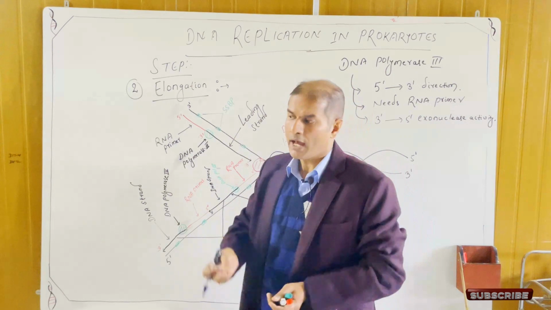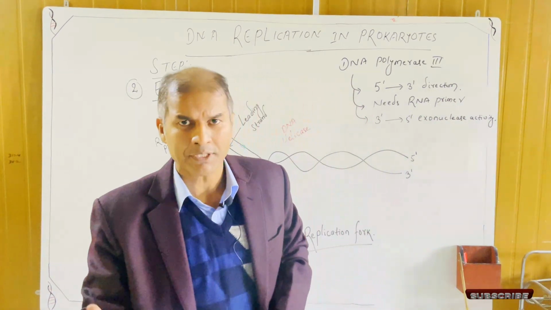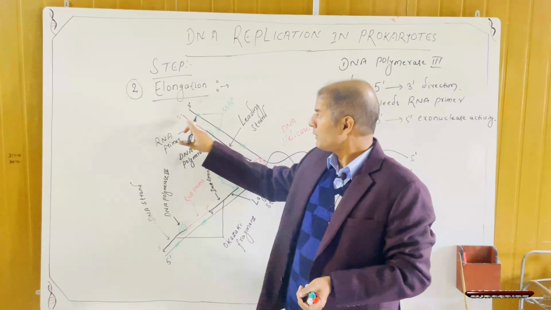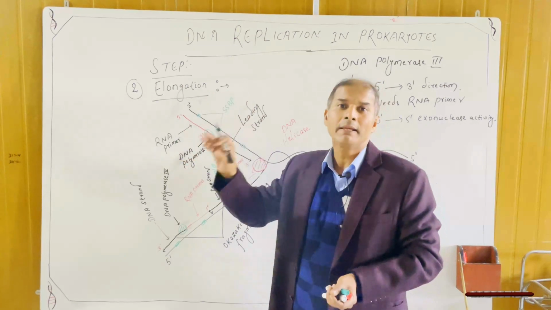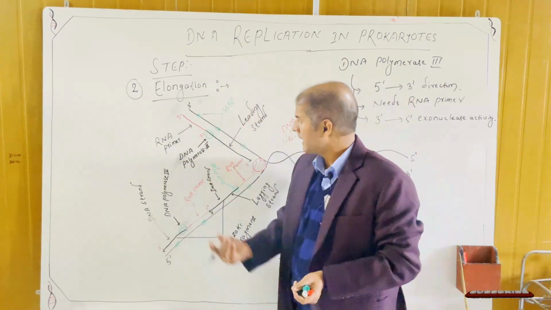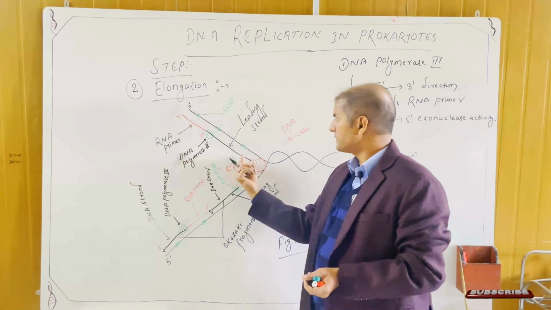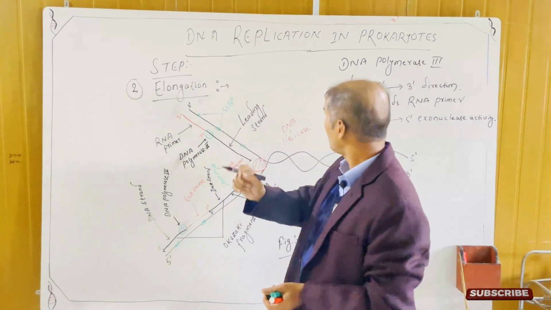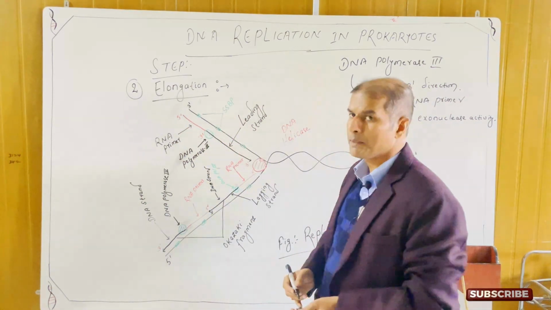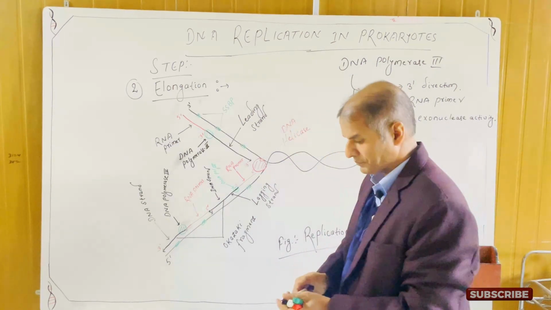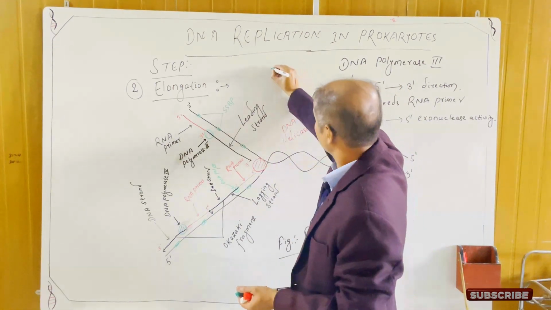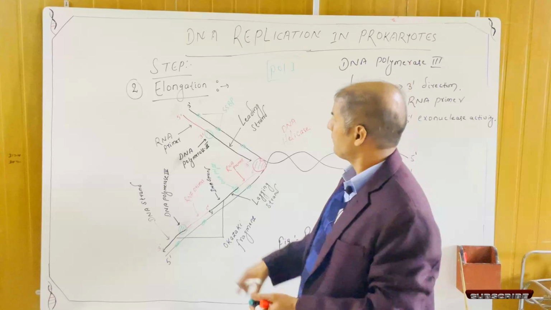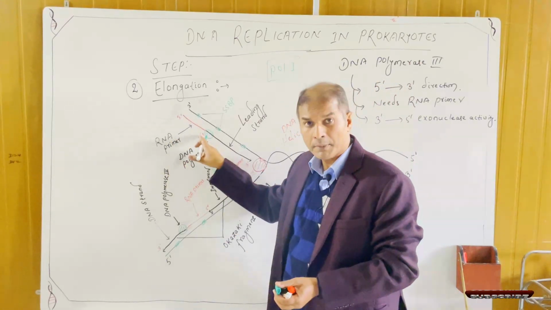As the name refers, RNA primer is made up of ribonucleotides, and in the structure of DNA, ribonucleotides should not exist. So after the formation of this leading strand, this RNA primer is removed by one type of enzyme called DNA polymerase I, simply called Pol 1. So DNA polymerase I will remove this RNA primer.